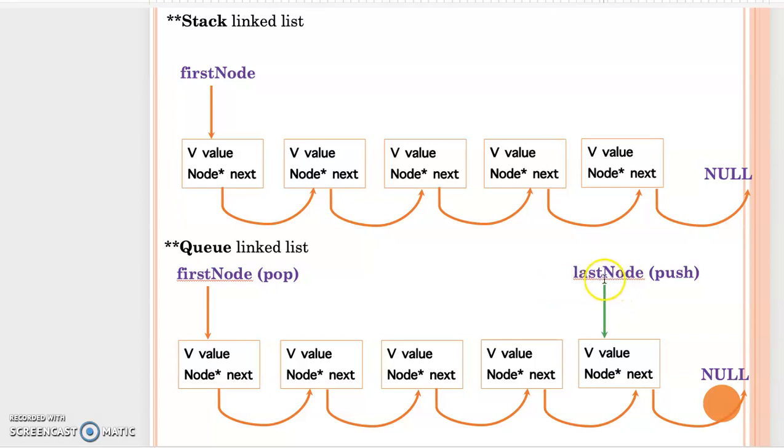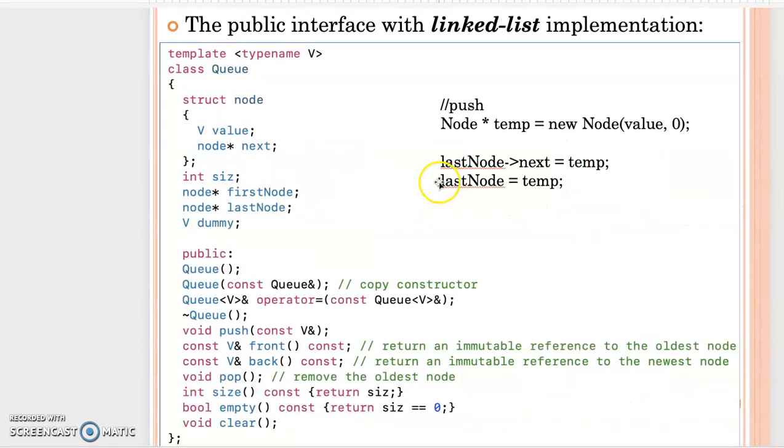So here we need to add one more thing. We always need to have the last node point to the temp.